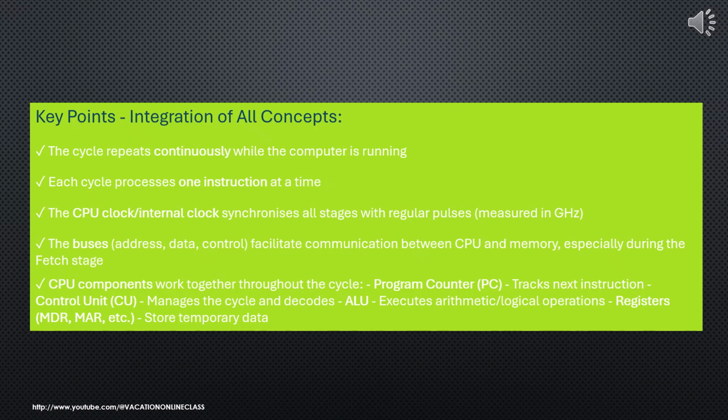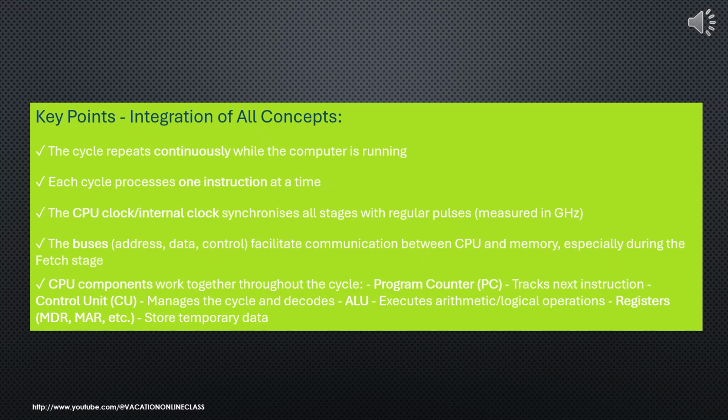We have covered each piece of the puzzle individually. Now let's zoom out and look at how these components integrate to form a single, seamless, and lightning-fast operation. The crucial takeaway is that the entire cycle repeats continuously for as long as the computer is powered on.